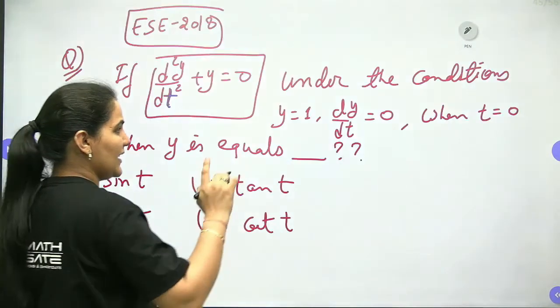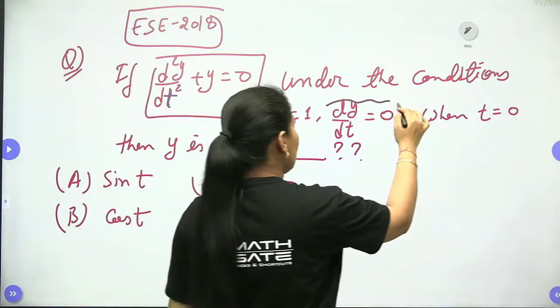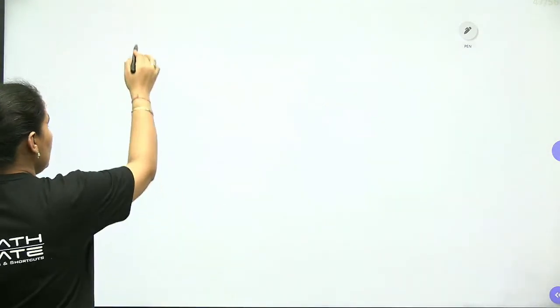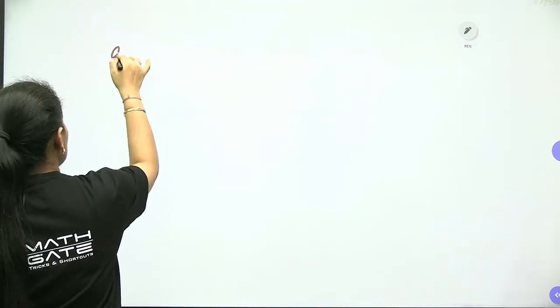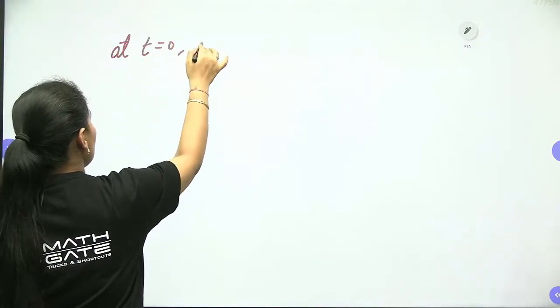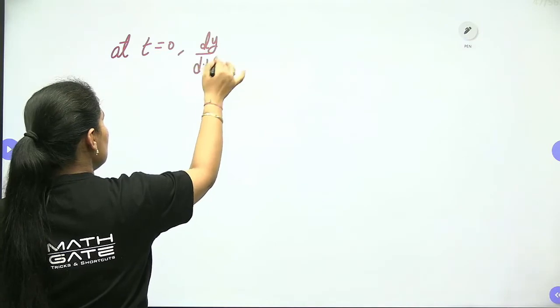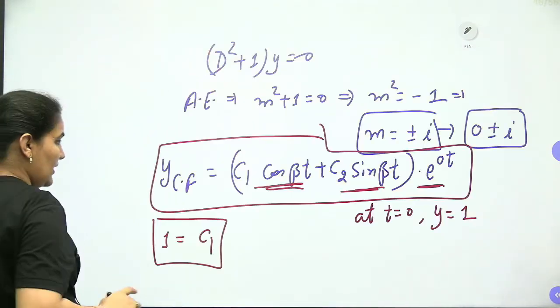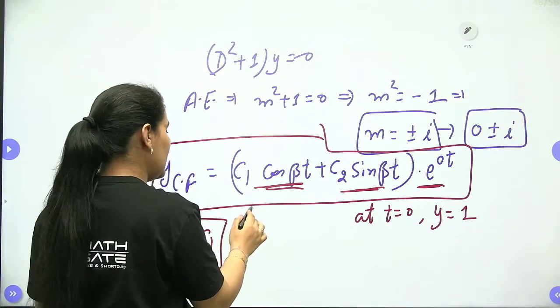And the second condition we have is dy by dt equal to 0 when t is equal to 0. So for that we have to find the derivative, dear students.